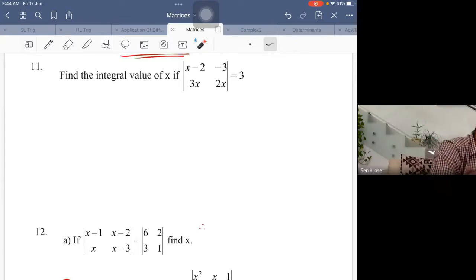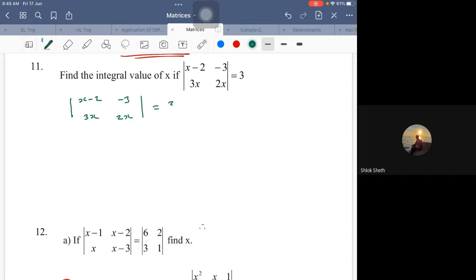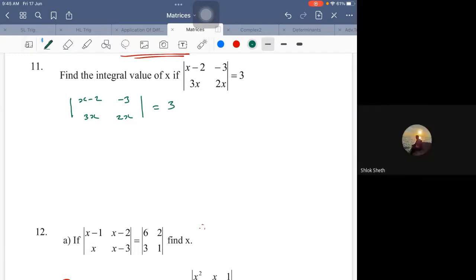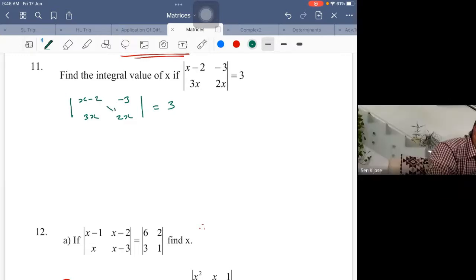Let's try this. I'm going to copy this question, and can you suggest what should be the first step? So first we find the determinant of it. How would I find out the determinant here? AD minus BC, so I cross multiply.